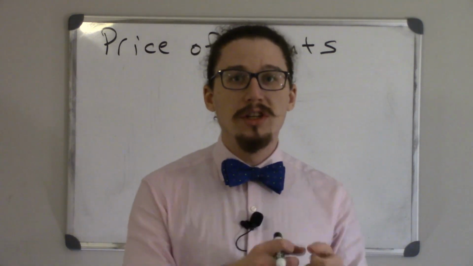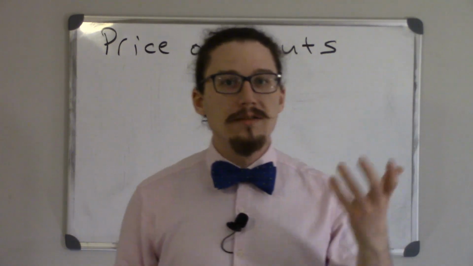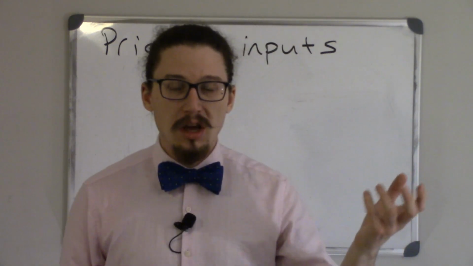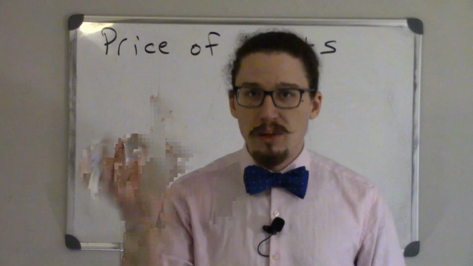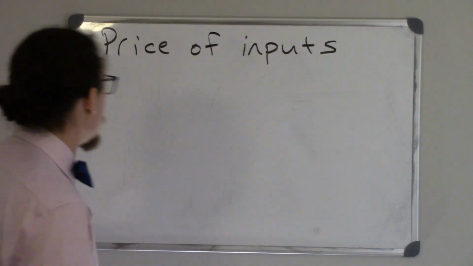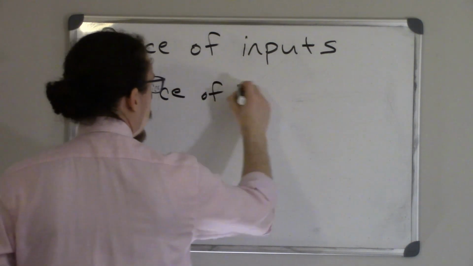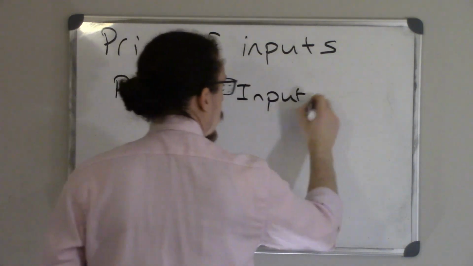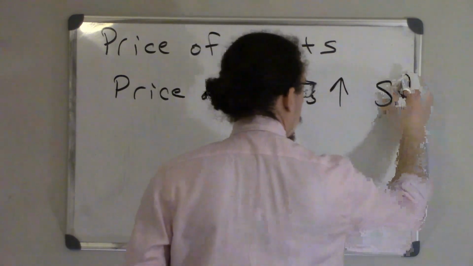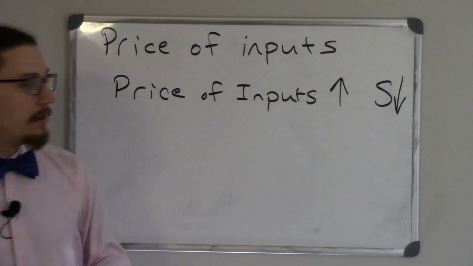So remember that the price of the good that we're looking at, in this case canned soda, is not changing. But the price of one of the inputs is. And so there is a distinction there. If the price of inputs increases, that's going to be an increase in the cost of production.